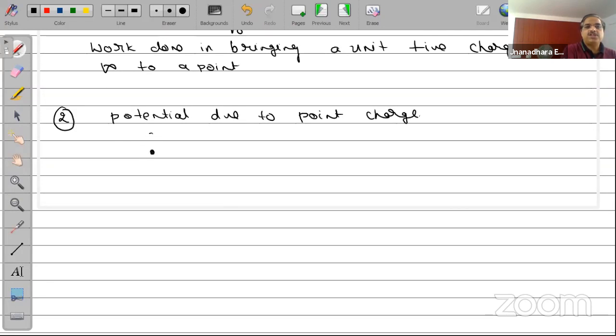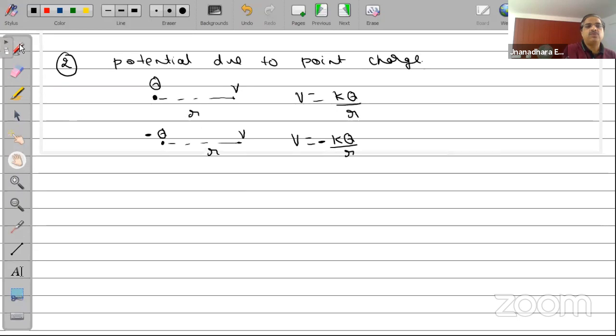If you have a point charge here, then the potential at a distance r will be given as kq by r, isn't it? And if you have a minus charge being kept here, then the potential at this point will be equal to minus kq by r. So please make a note.